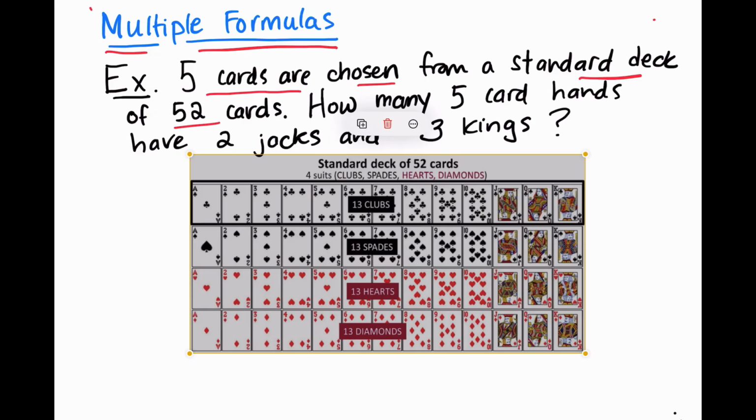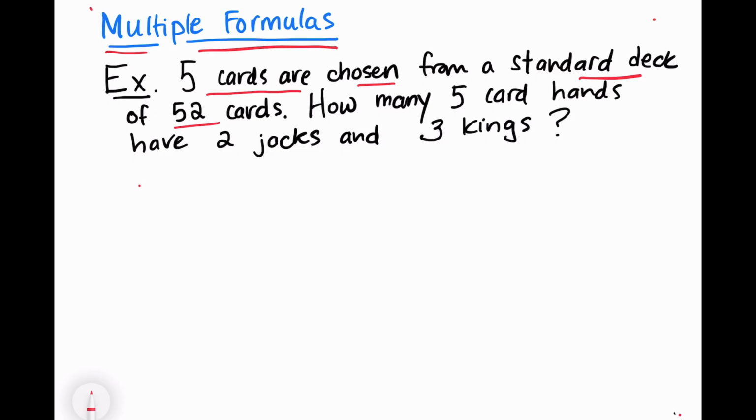Here are the jacks in this column: the jack of hearts, diamonds, spades, and clubs. And the kings are over here. So we have 4 kings: the king of diamonds, hearts, spades, and clubs. So I would approach this problem using the counting principle.